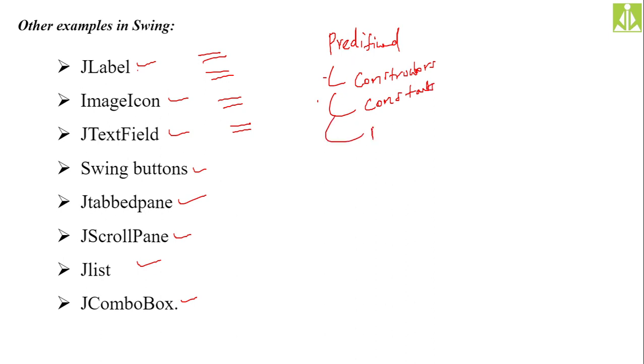Then we are going to have predefined methods. Suppose you are studying the JLabel class, you need to see what parameterized constructors, what constants, and what methods we have inside this JLabel class. Whenever you are preparing a predefined class, you need to prepare these three things, and all predefined classes have them.